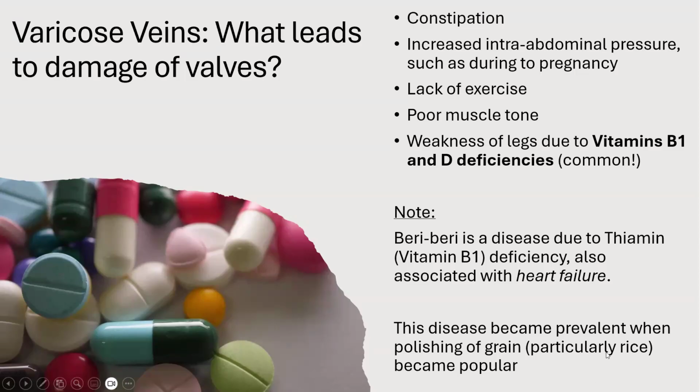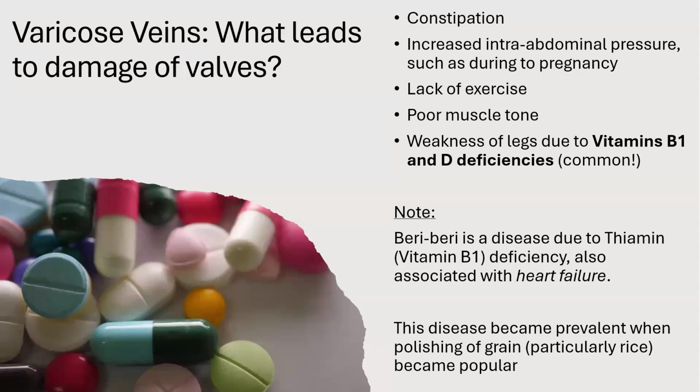Then lack of exercise, because one has to have functioning muscles which are of a good tone. So poor muscle tone. And then weakness of legs due to vitamin B1 and vitamin D deficiencies. And these are very common. Both D and B1 are common deficiencies.